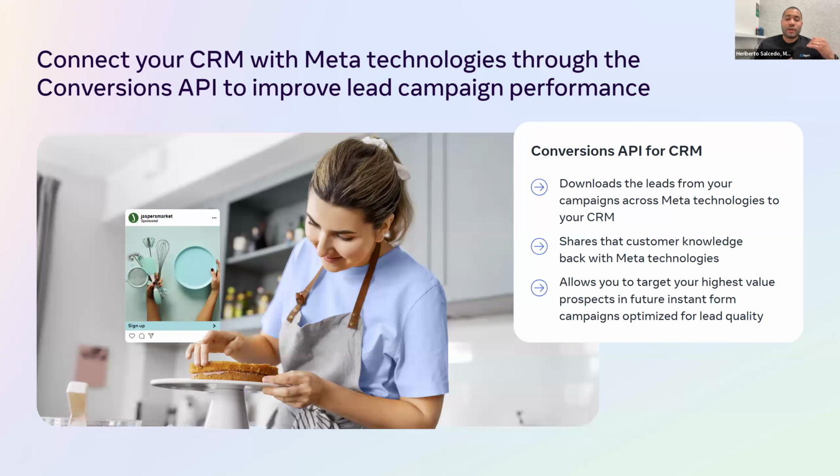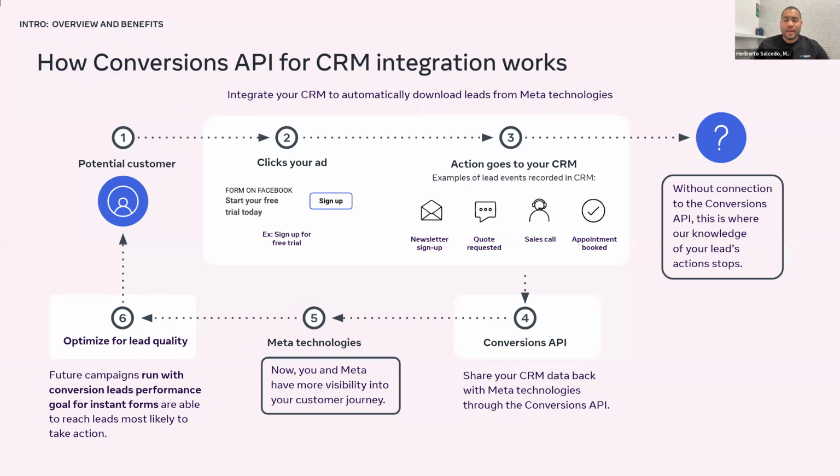It allows you to share that customer knowledge, in terms of how the customer is moving through the sales funnel, back to Meta technology. Combined with the investments we've made in our modeling, optimization and AI systems, this allows you to further target your highest value prospects in future campaigns, where you can optimize for quality, not just volume. That's the 30,000-foot view of Conversions API for CRM.